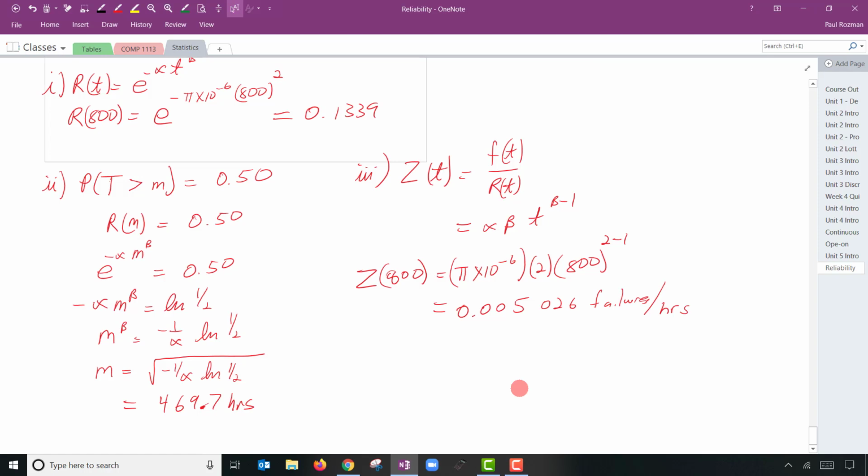So that's it for this unit, which was basically just a review of our other units. We got to use the distributions that we know. We got to learn a little bit about the idea of parallel and series, but basically that was just using the multiplication rule from our probability unit back in unit 2 or 3.